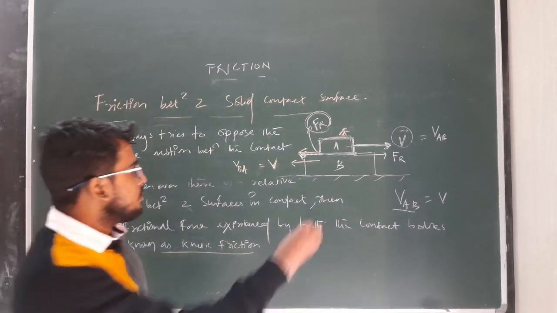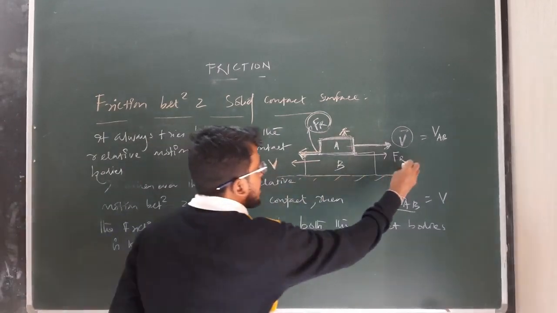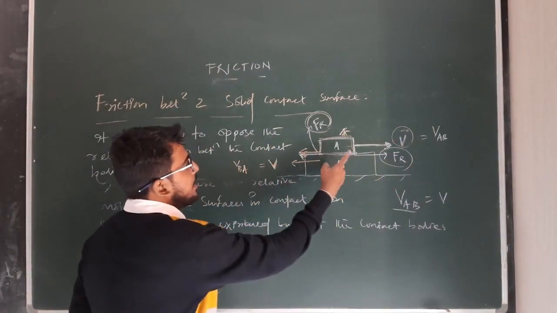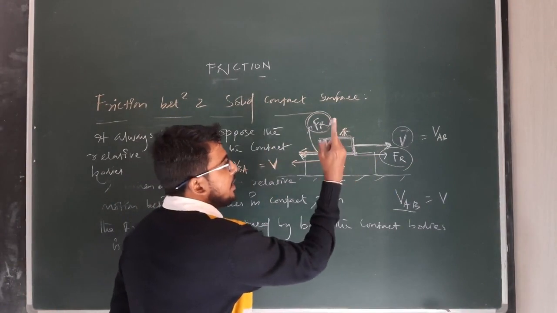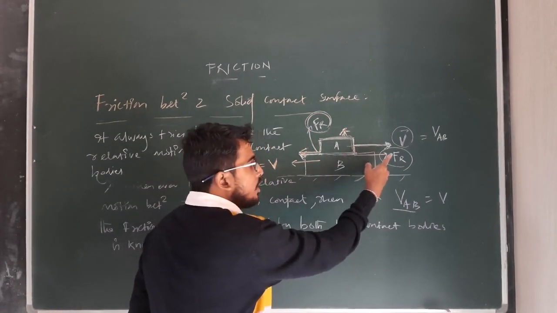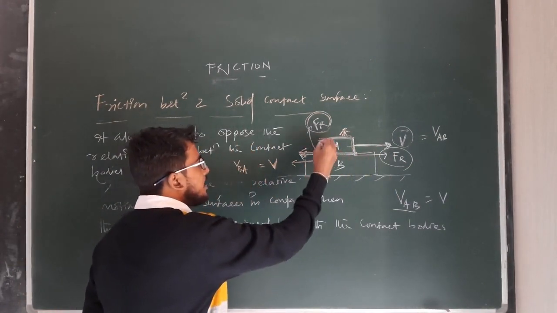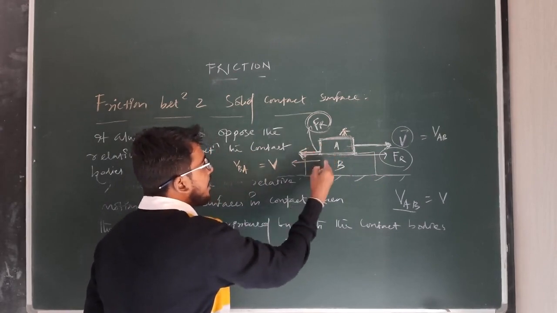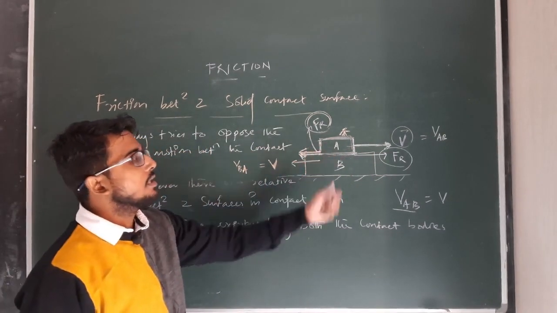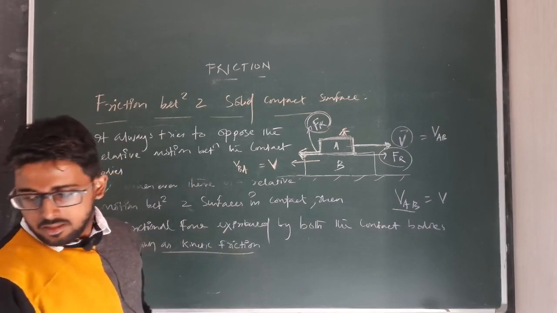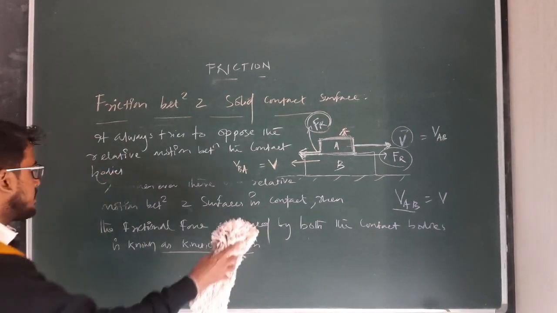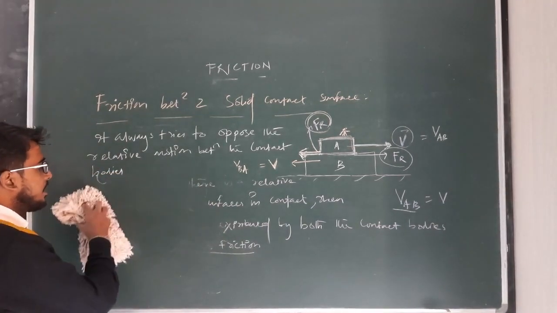Clear? So this frictional force which is acting on B by the block A is equal in magnitude to the force acting on block A by B, but the directions are opposite. Clear? So this is the frictional force which is known as kinetic friction.